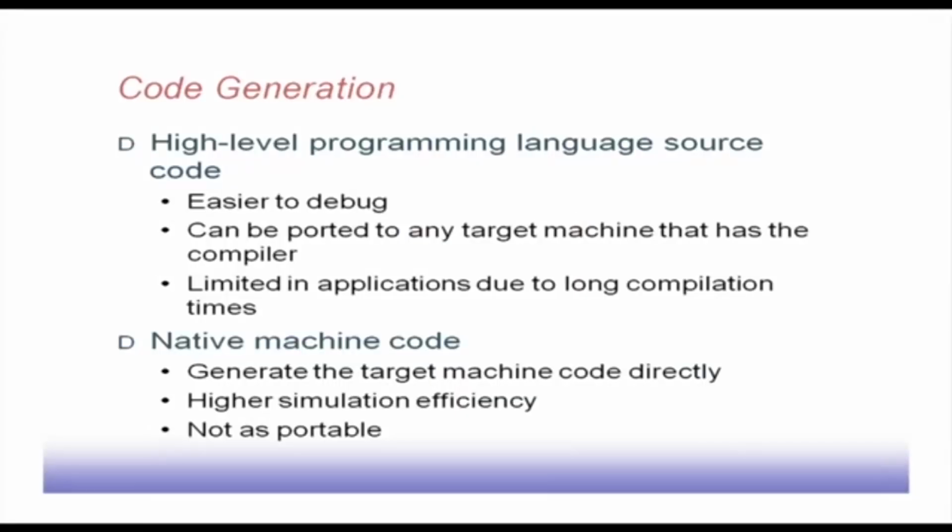So, simulation efficiency will be better, but it is not that portable, because if the system on which I am running this simulator has one particular processor, and I take it to some other computer, it may not have that processor. As a result, the same code may not run there. So, portability becomes a problem, whereas high level programs have portability.